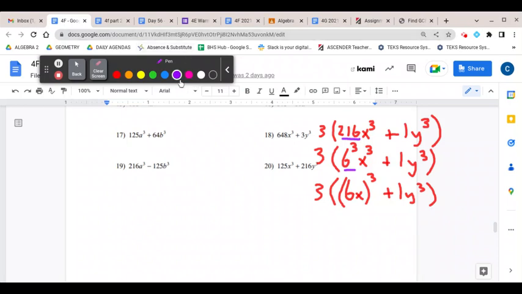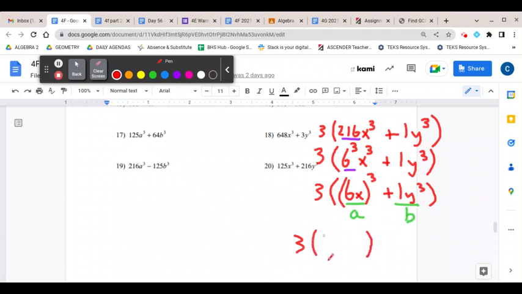So now this is written in a way where we have our 2 cubes that we're adding. Our 2 cubes, 6x and 1y. So 6x is our A term, 1y is our B term. So what this ends up looking like is we're going to have 3 on the outside.